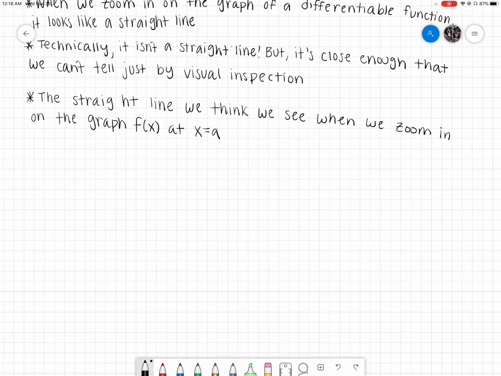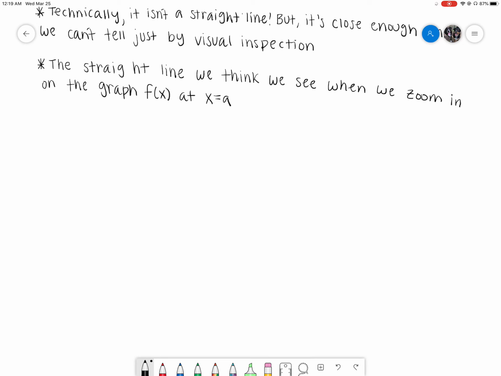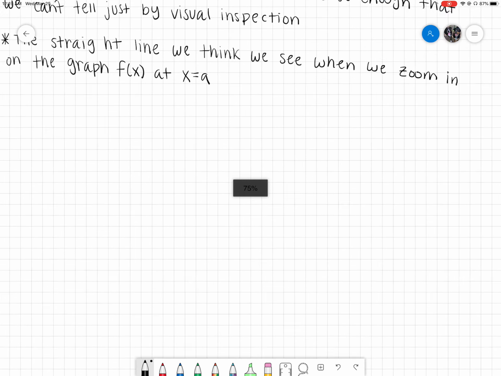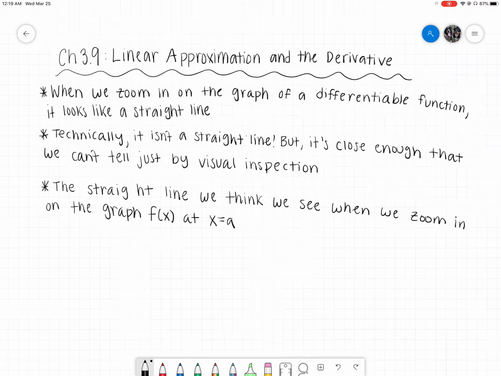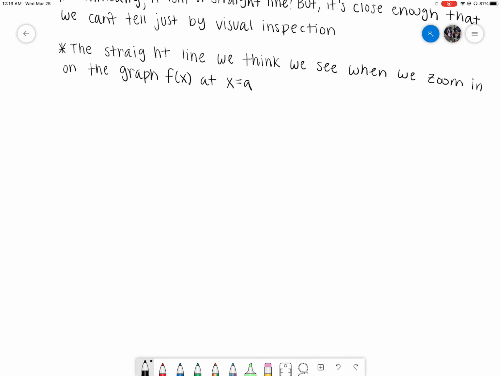So we're being a little more specific, right? We're zooming in on the graph of f of x. We're zooming in at the point x equals a. So that straight line that we think we see when we zoom in has slope equal to f prime of a. So the derivative is the slope.